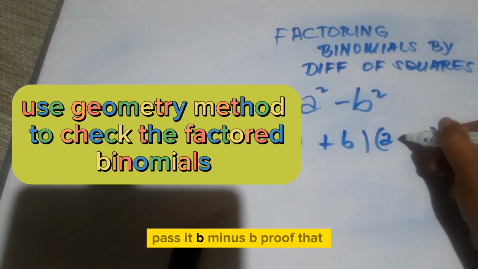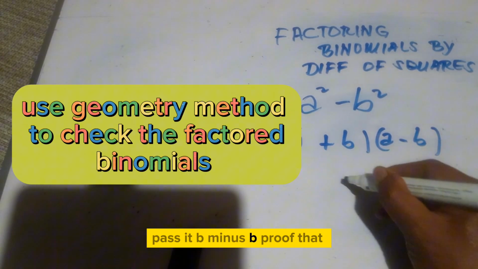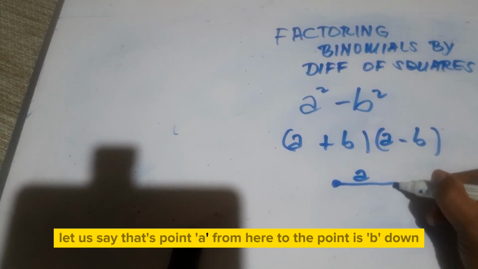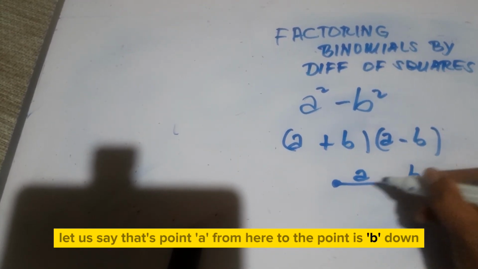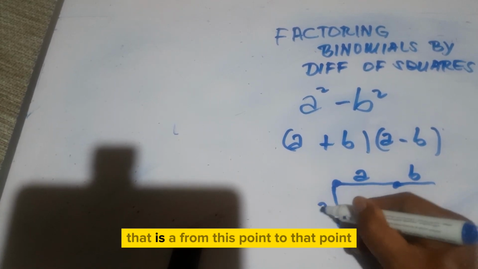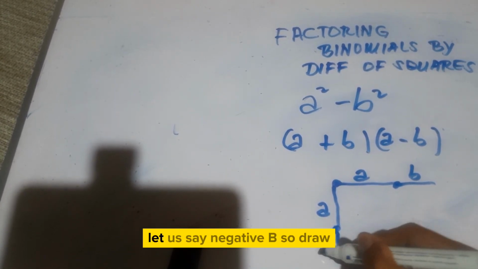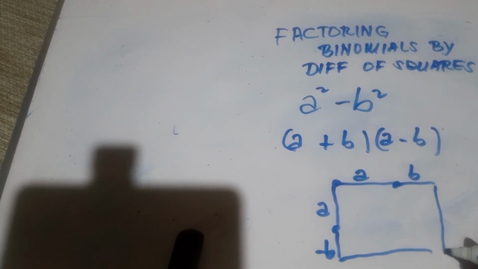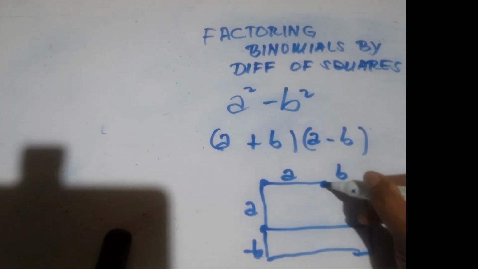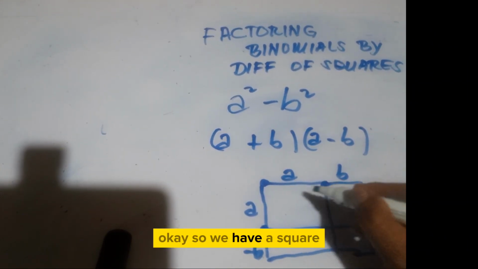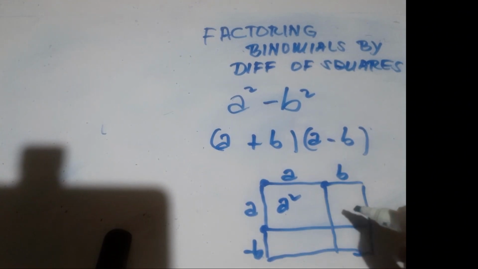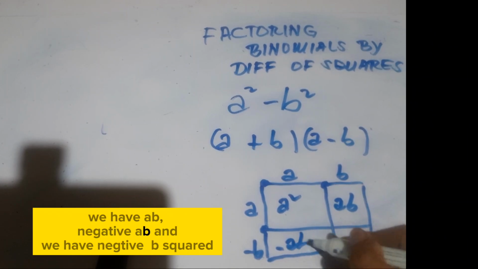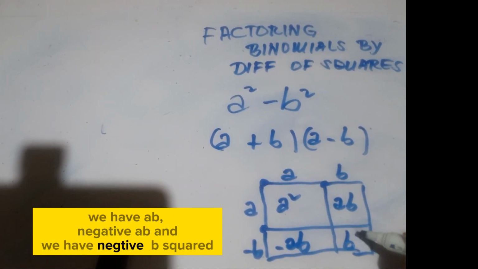positive b minus b. Proof: that one, let us say that's a. From here to that point is b, down, that is a. From this point to that point, let us say negative b. So draw. Okay, so we have a squared, we have ab, negative ab, and we have negative b squared.